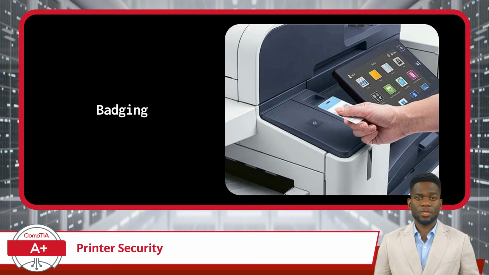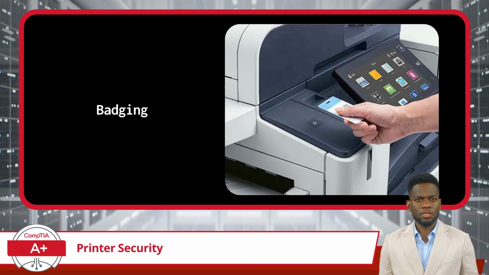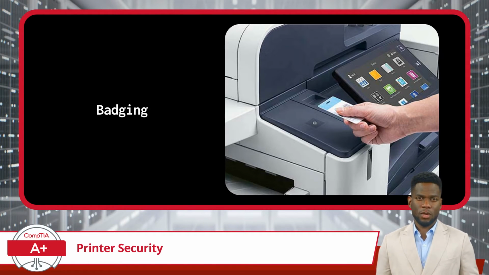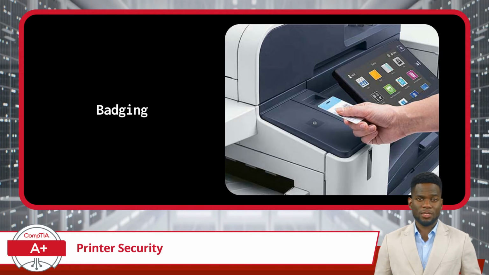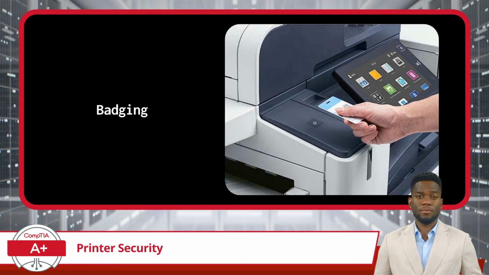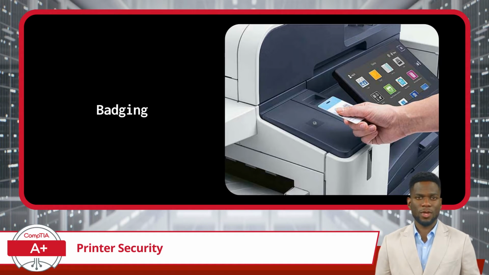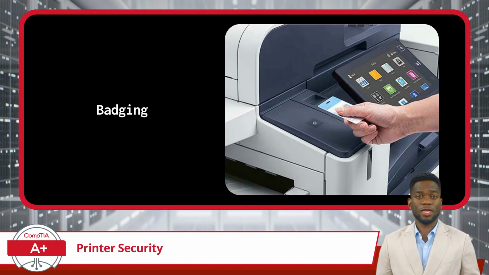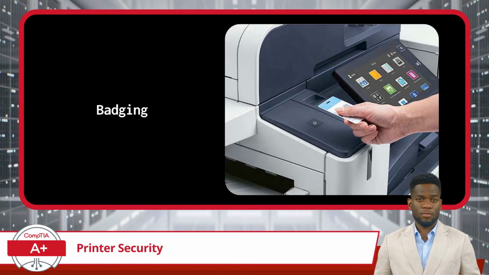Another important measure in printer security is badging. Badging systems are sophisticated solutions that seamlessly integrate with printer functionalities, leveraging employees' physical badges or ID cards to regulate access to printing resources. At its core, a badging system functions as a gatekeeper, allowing entry to printer functionalities, such as initiating or releasing a print job, only to those possessing valid credentials in the form of an employee badge or ID card.